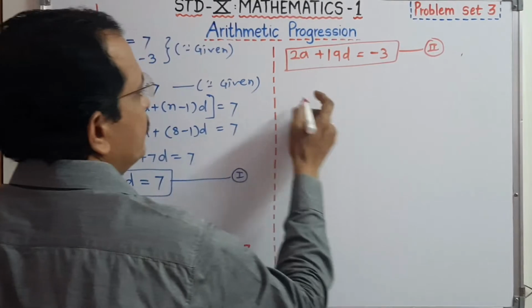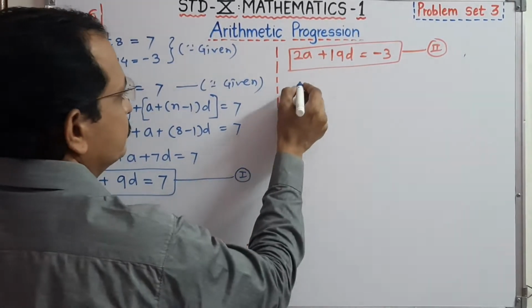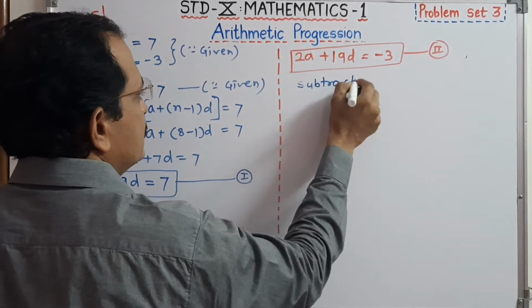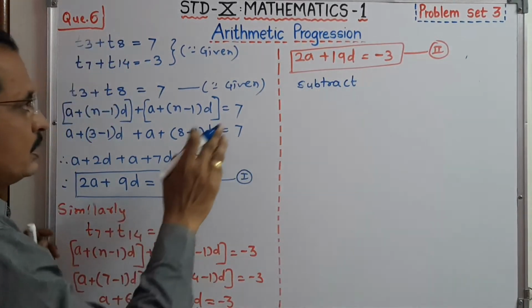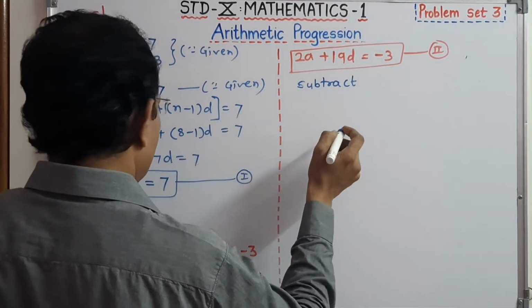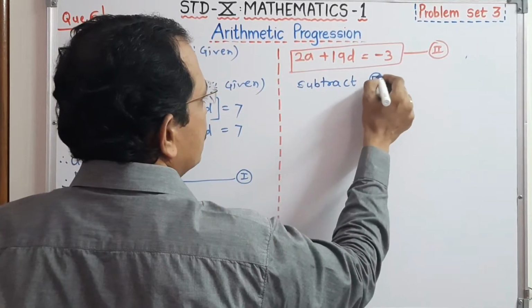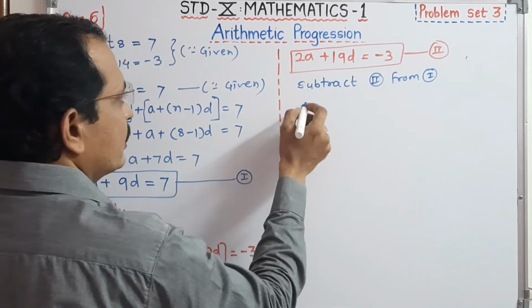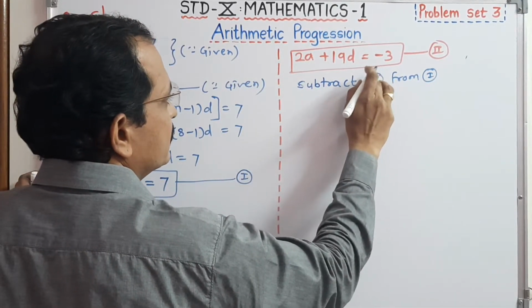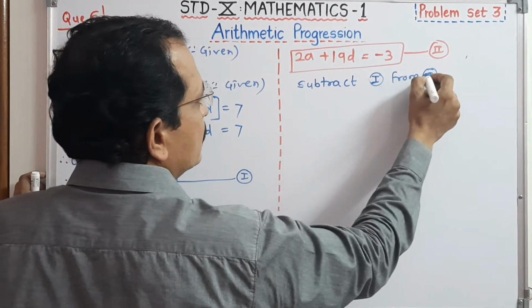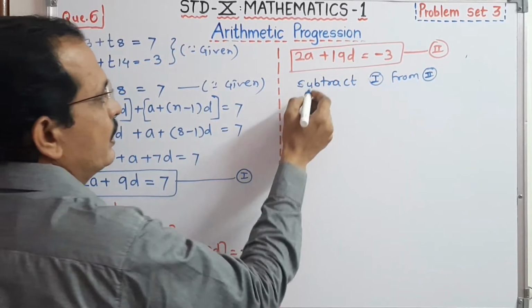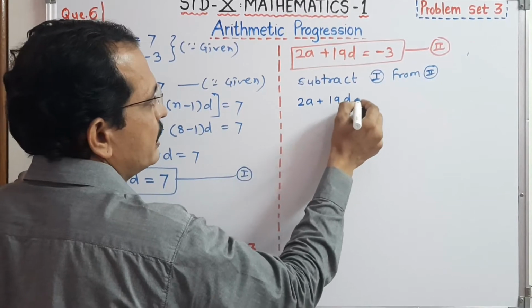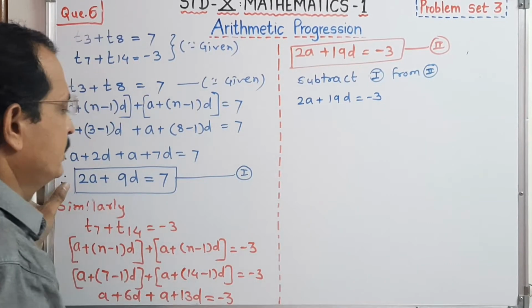Therefore, dear student, subtract the first from the second. Therefore, first of all, we write the second equation, 2A plus 19D is equal to -3.